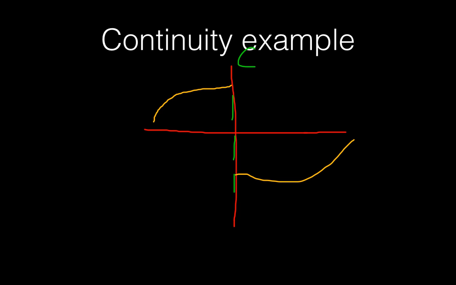As you can see, the graph approaching from the left has a y value there at x equals c. And when you're approaching from the right, it has a y value of here. Based on this, we can determine that the graph is not continuous because approaching from the left and from the right, the value at c is not equal.